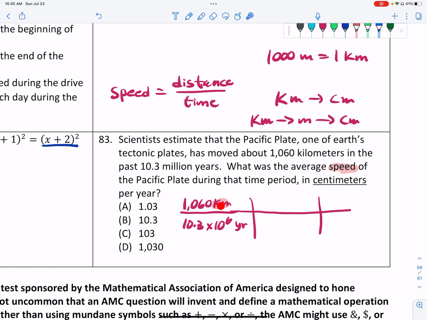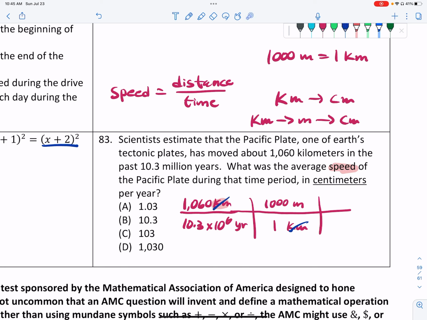Our kilometers are on top, so that means my kilometers have to end up on the bottom, so 1 kilometer. And whatever it's equal to on the top is 1,000 meters, because essentially, even though it doesn't look like it, we're multiplying this quantity by a fancy 1, so it doesn't change how big or small it is. However, what it does do is get rid of those units.